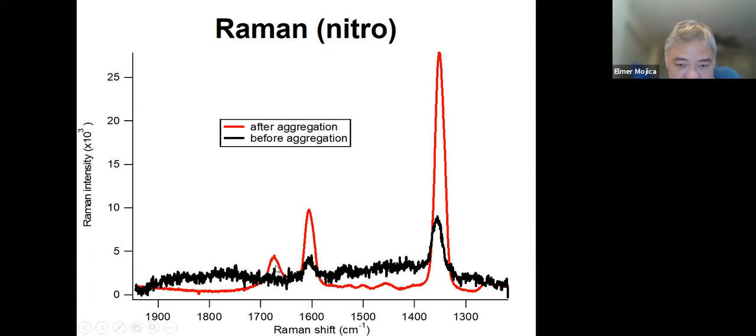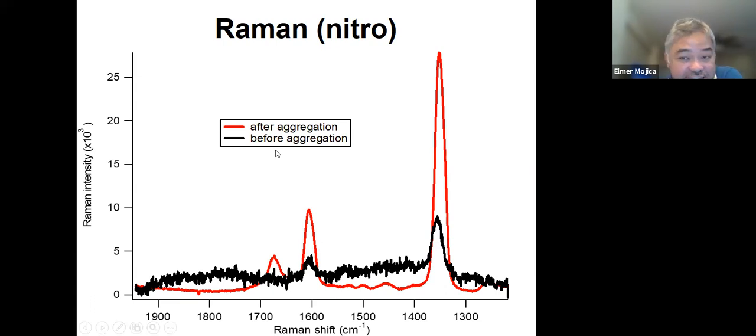after aggregation, there's a peak around this region, which is around 1675. This is using Raman. And if you look at the peak at 1600 and the peak between 1300 and 1400, they usually represent a certain functional group.